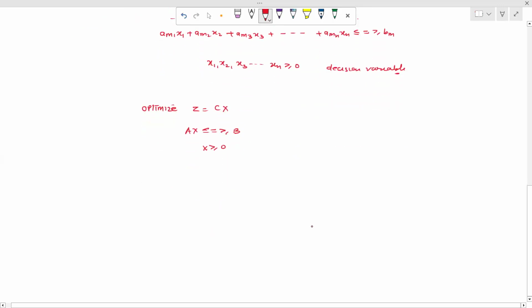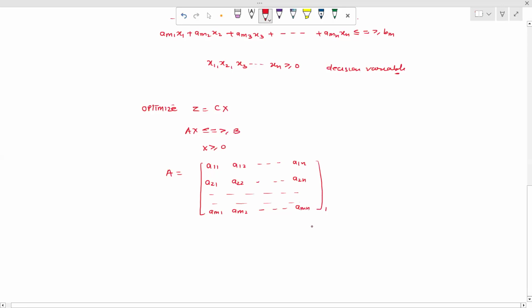So we can write A in the matrix form, where A = a11, a12, and so on up to a1n, a21, a22, and so on up to a2n, and last am1, am2, and amn.